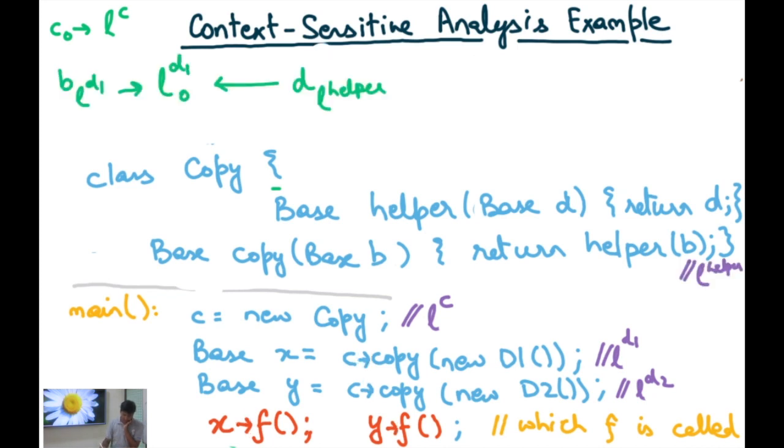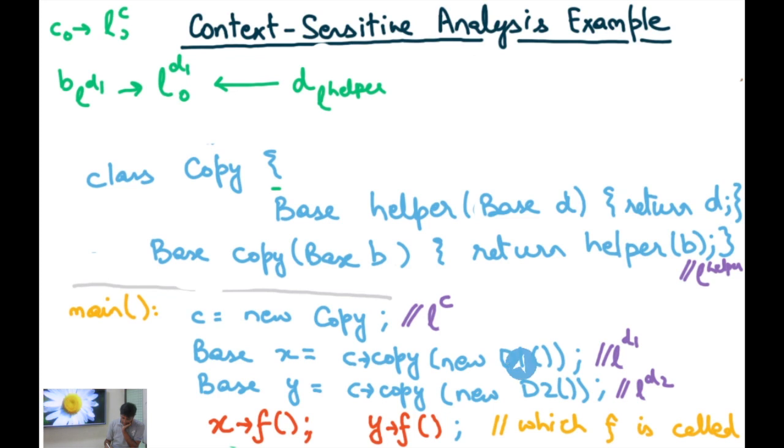Then I transfer over this function call, and because of this allocation new D1, the B pointer in context LD1 is pointing to L0 D1. So L0 D1 is basically the abstract object corresponding to new D1. LD1 is the allocation site, and L0 D1 is the allocation site LD1 in the context 0. So that represents this abstract object D1.